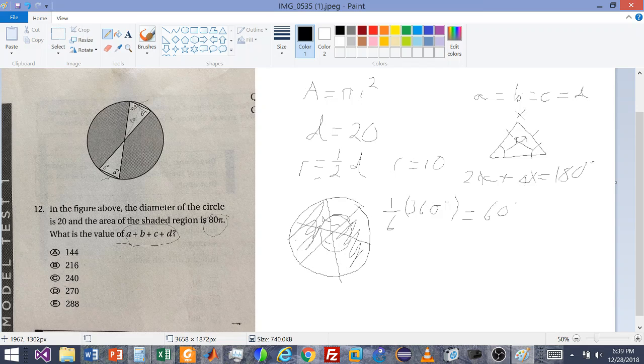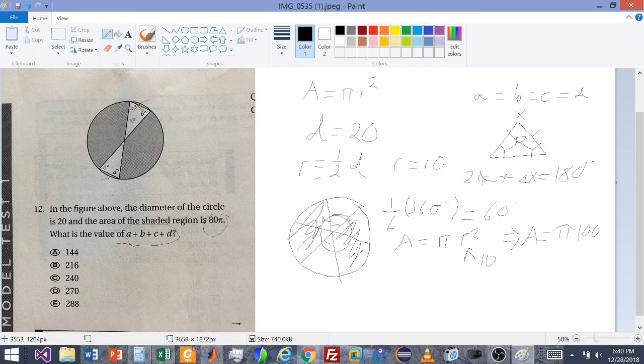So since A equals pi r squared, and we know r is 10, then essentially A equals pi, and we just put 10 in for r and square it, so 10 times 10 is 100. A equals 100 pi.